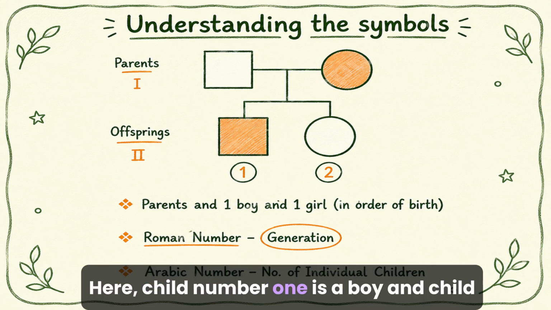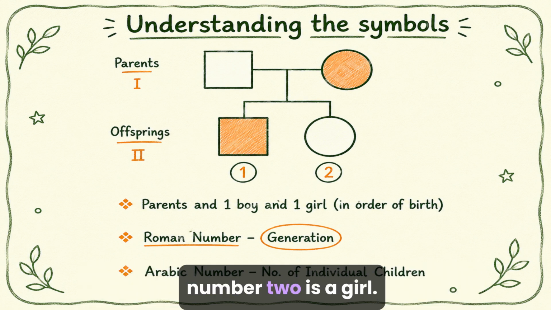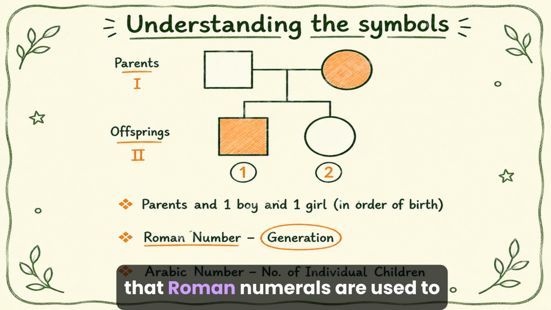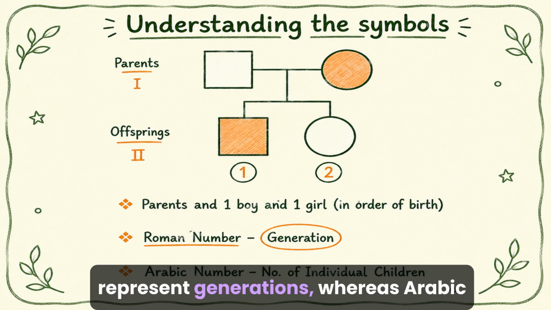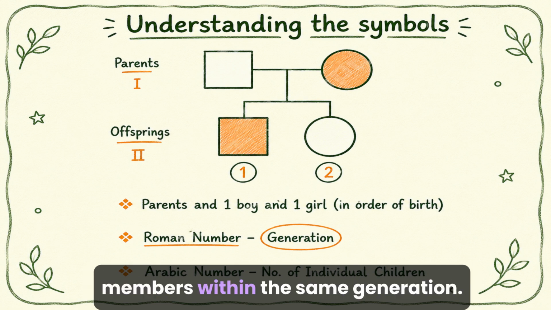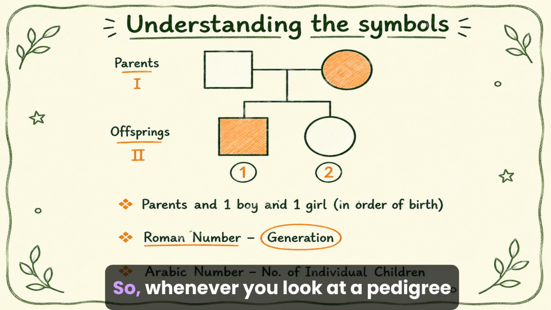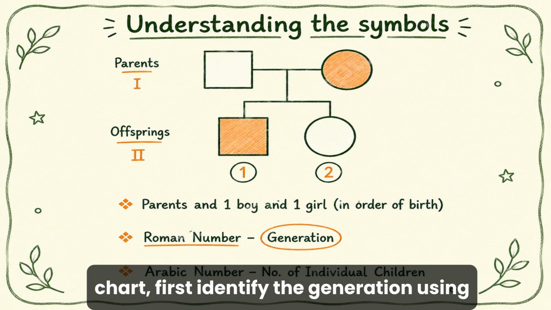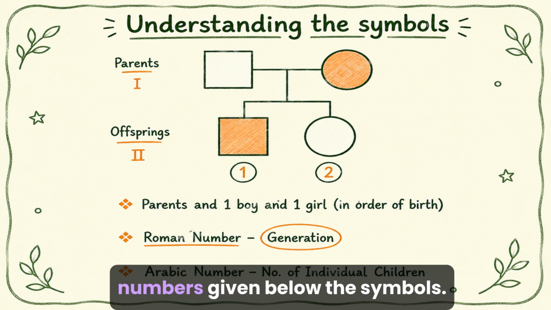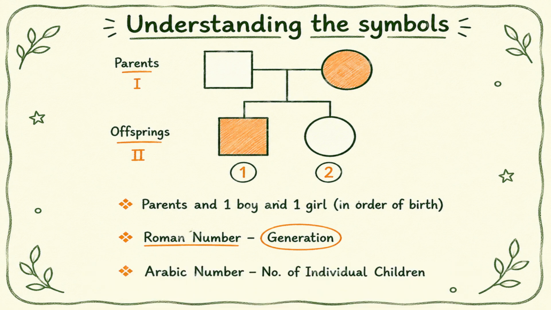Here, child number 1 is a boy and child number 2 is a girl. A very important point to remember is that Roman numerals are used to represent generations, whereas Arabic numerals are used to identify individual members within the same generation. So whenever you look at a pedigree chart, first identify the generation using Roman numerals, and then identify each family member using the Arabic numbers given below the symbols.